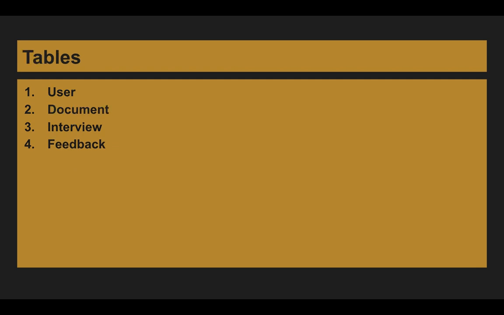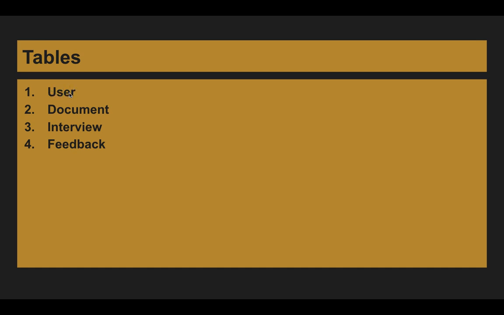Okay, now finally, what is coming next is the tables. What are the tables where we are going to store the data in the Postgres database? The first table we have identified is user, because we have to create users in the application, like users will register themselves as HR or interviewer.